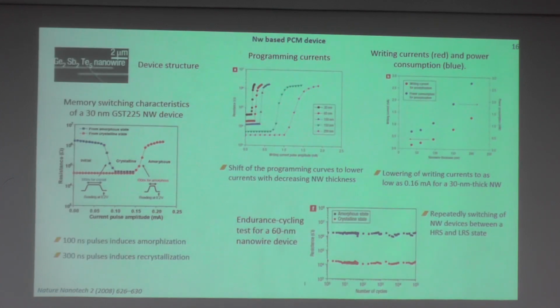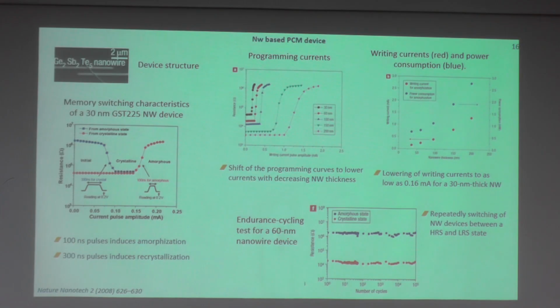So now some devices based on nanowires were also produced, like shown here. This is the nanowire which was integrated to the two electrodes, like here, and then some switching characteristics were measured.